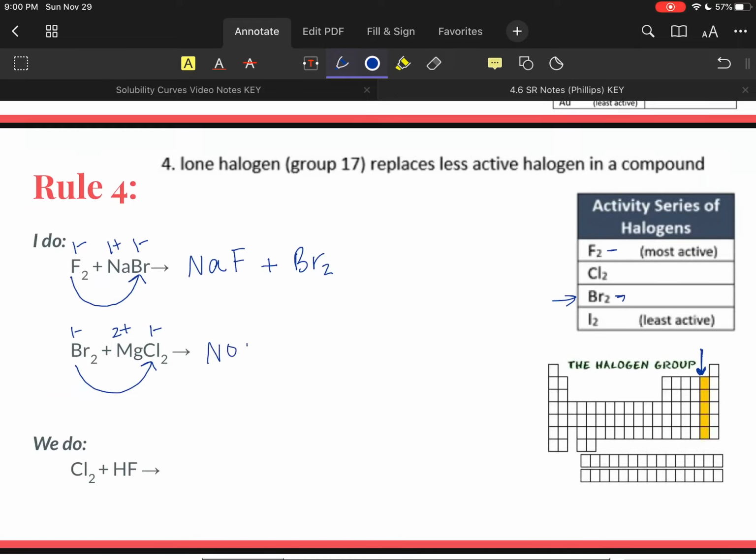That means no reaction is going to occur. Because bromine is not strong enough or not reactive enough to kick chlorine out of the way. Chlorine is more reactive. It wants to bond to magnesium more. It has a higher ionization energy, so it will not react.